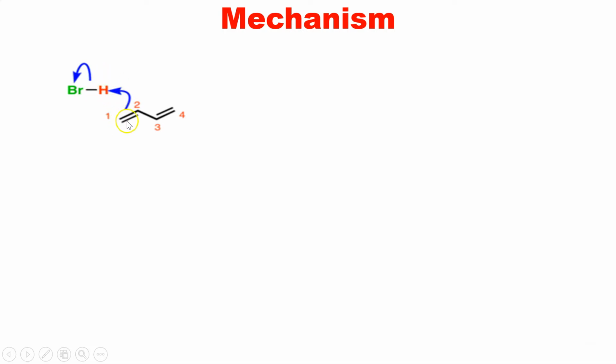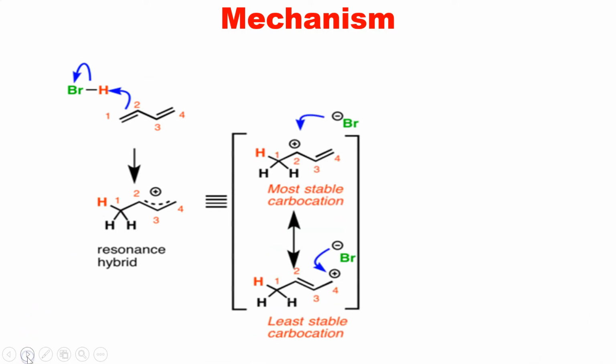As it is an electron deficient center, it is now under attack by the pi electrons of the alkene, and a resonance hybrid is formed. See now this hydrogen which accumulates at position number 1 can be seen in the red color. This resonance hybrid is equivalent to these carbocations. So there are two kinds of carbocation that are seen.